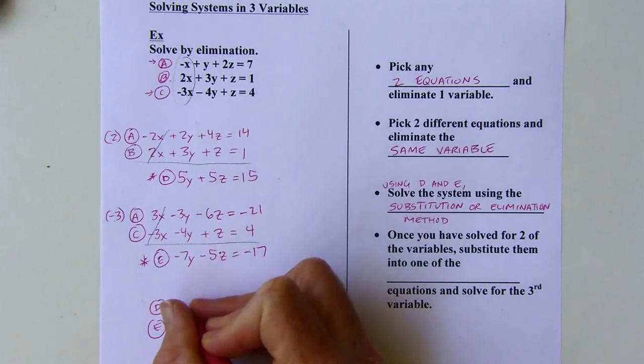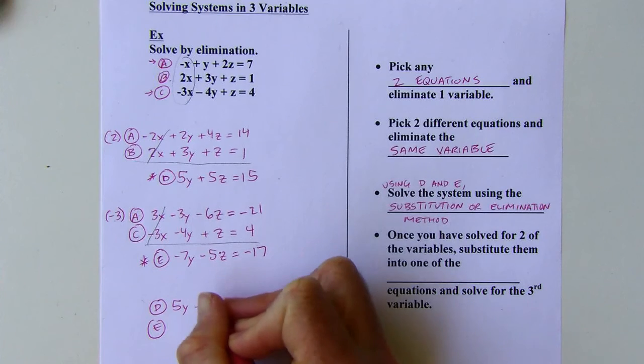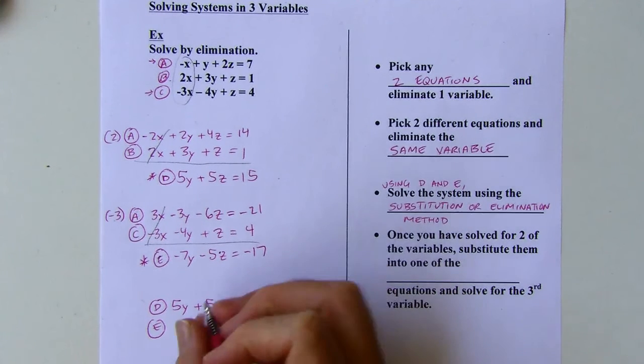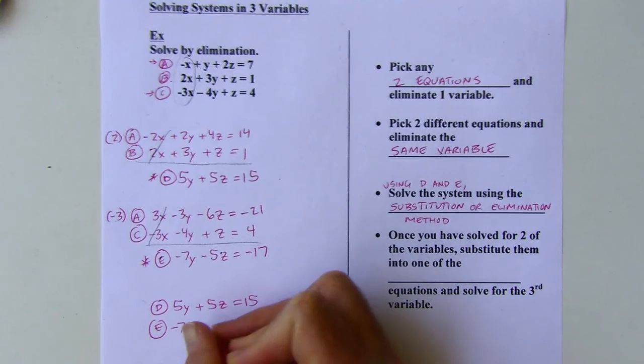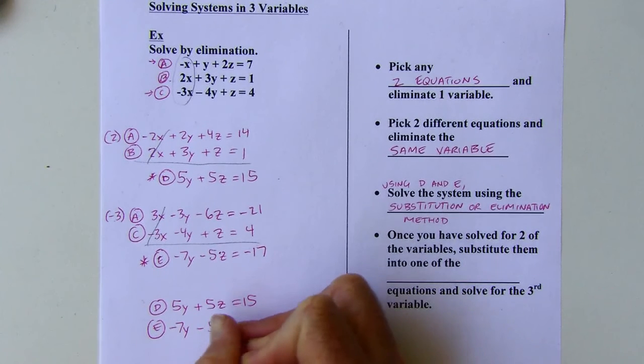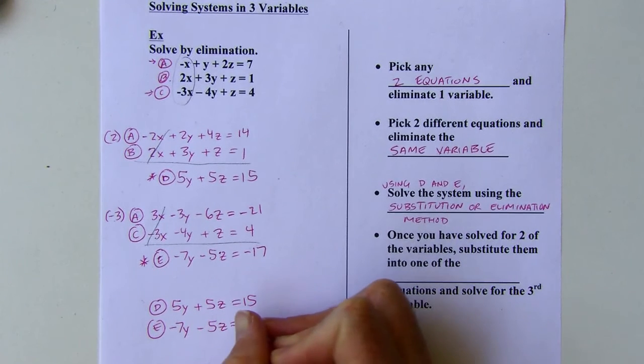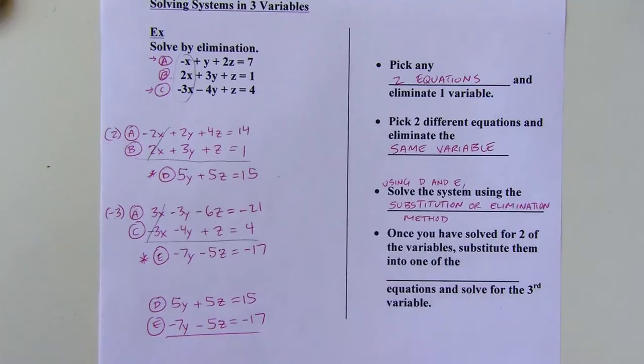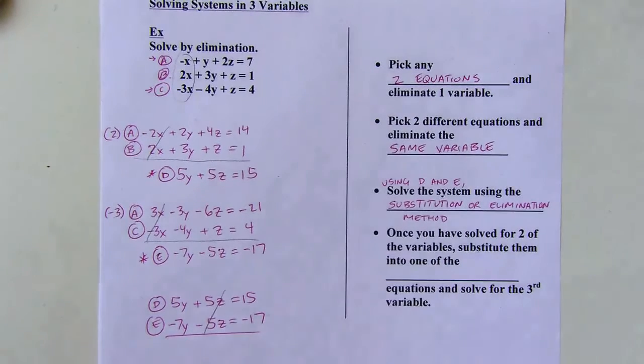It's so easy to accidentally copy just one sign down wrong or one number down wrong, and then it's going to ruin your final answer. And it's really hard to know if you made a mistake. So I'm trying to be really careful here. Okay, so let's add this together. No more z's.